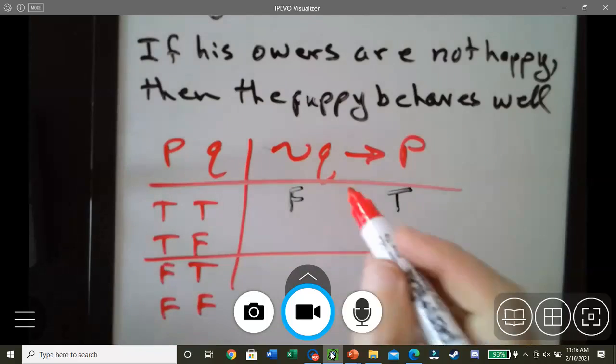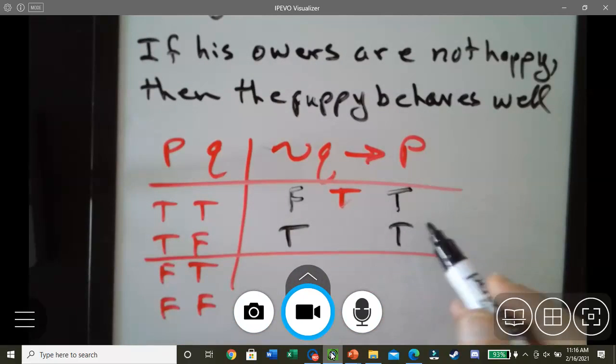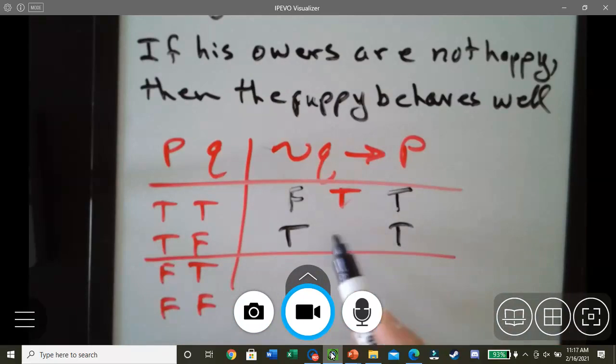That's true. Good. Okay. So if Q is false, then not Q is true. And we said P is true. So if true, then true is true. That's an easy one, right?